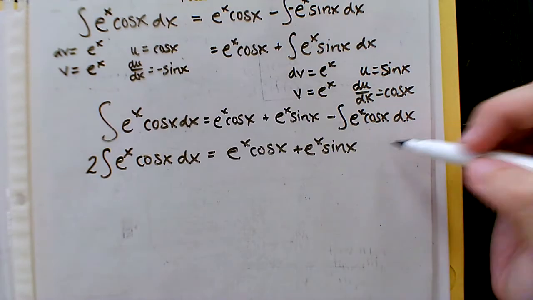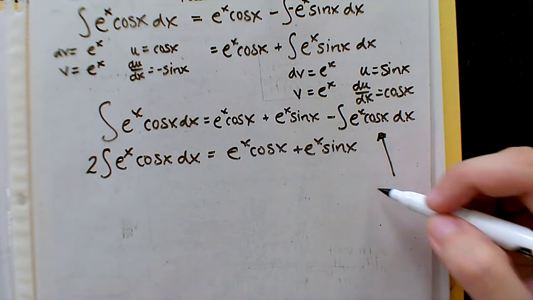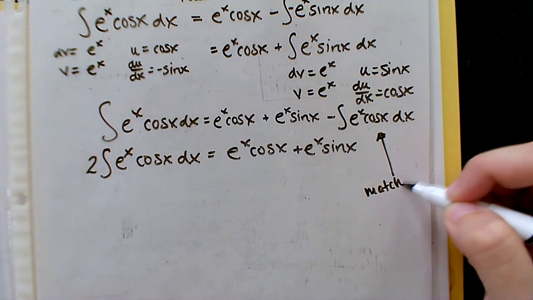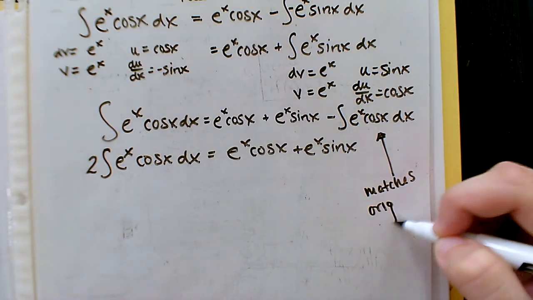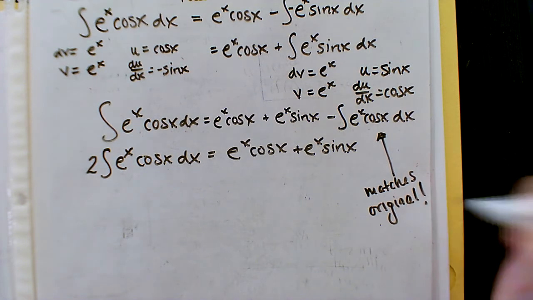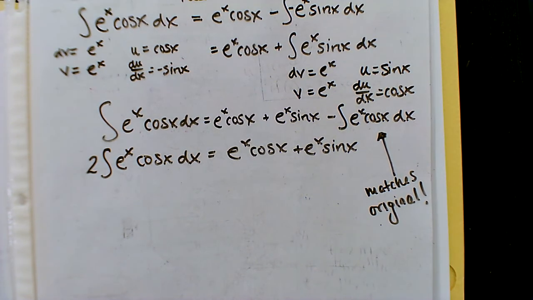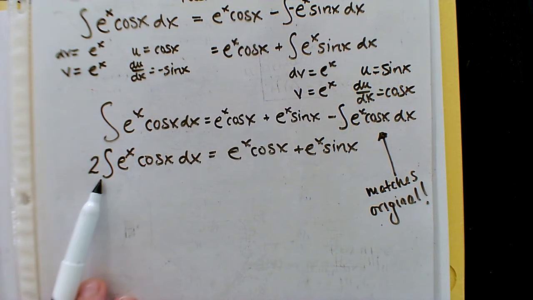So let's take note: this new integral we had here matches the original. We would be stuck in that endless cycle. If you end up with an integral that matches the original, you can move it to the other side because it's technically a like term.